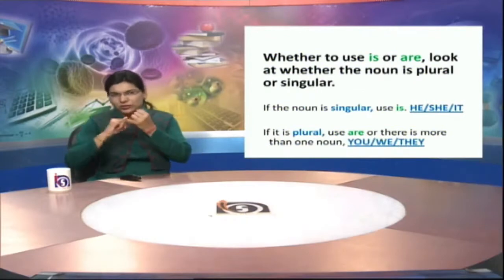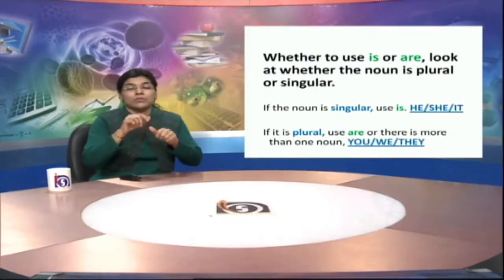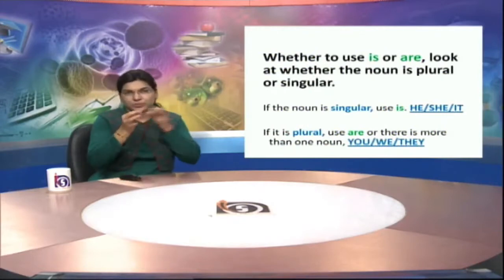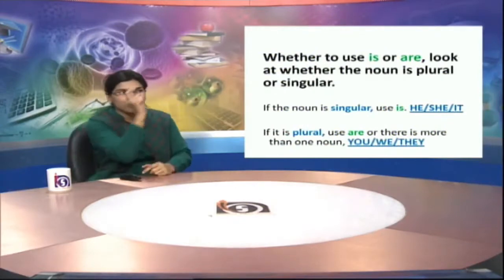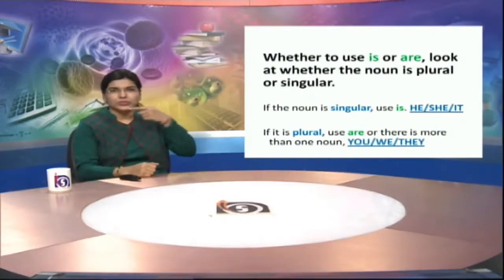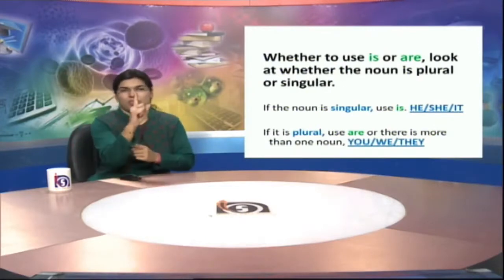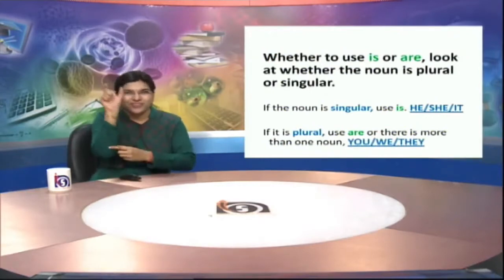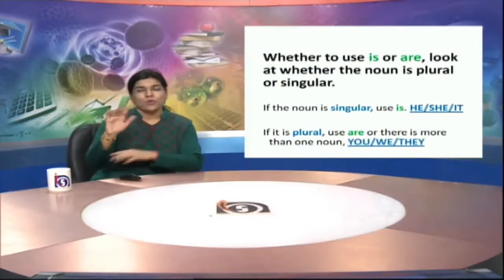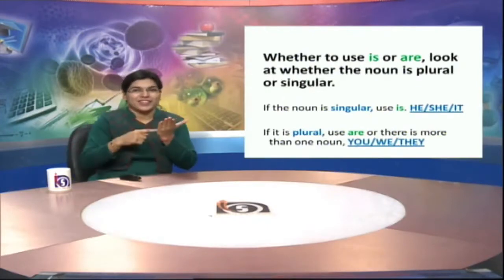So now we will learn whether to use is or are. Look at whether the noun is plural or singular. First we see that if the noun is singular, use is. Is not used with plural. It is used with he, she, or it.